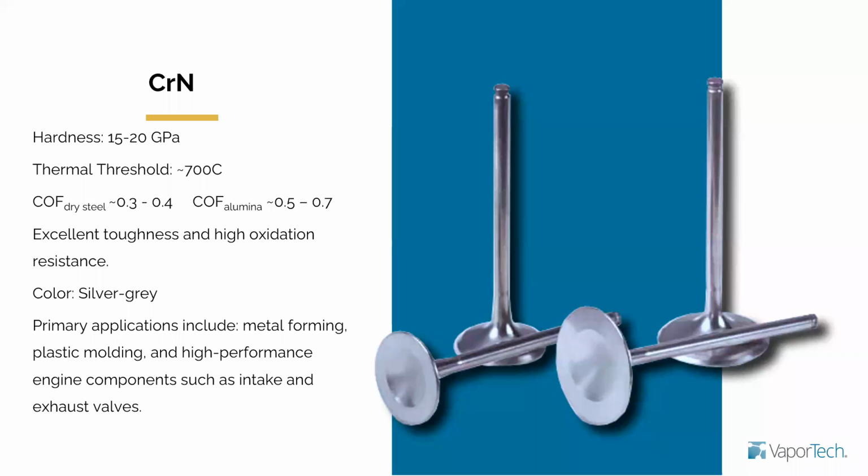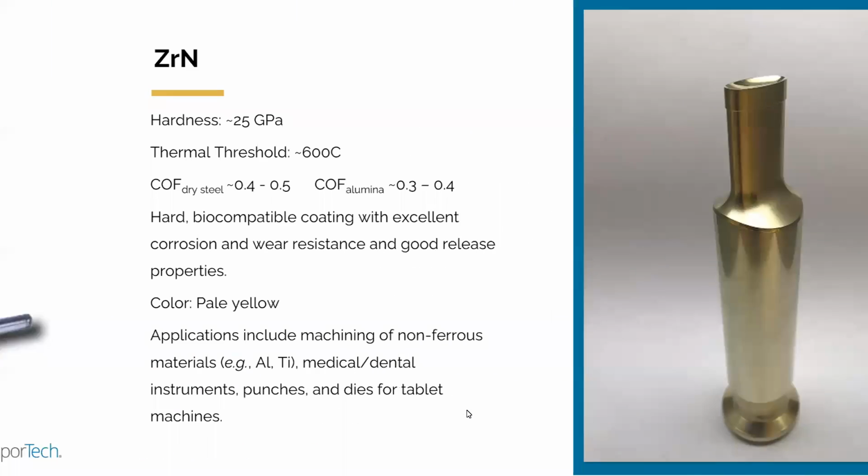So that combined with high oxidation resistance, it can be applied to a number of different applications, all the way from metal forming to exhaust and intake valves in engine components, as well as in the food industry. So it really is used across the board as a hard coating, and performance coating, I should say.